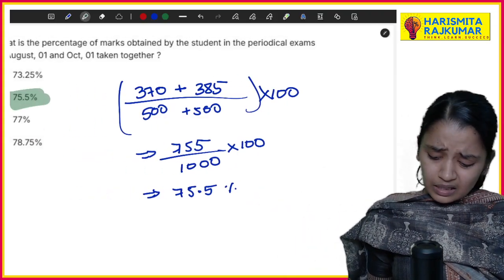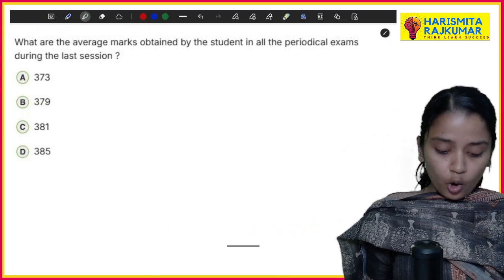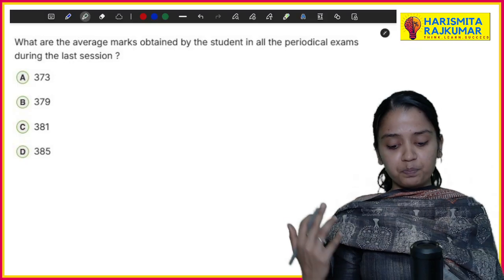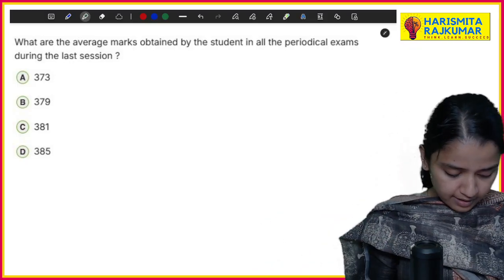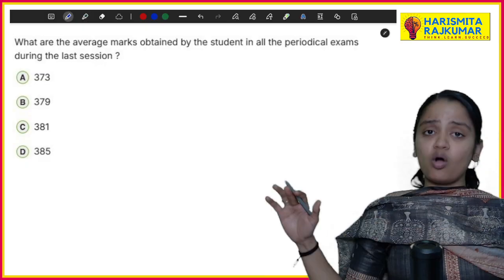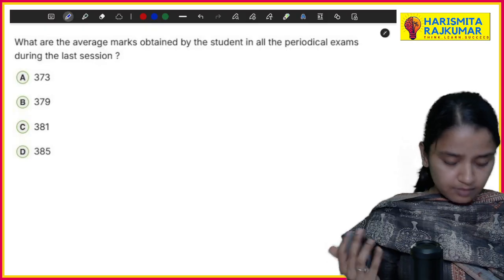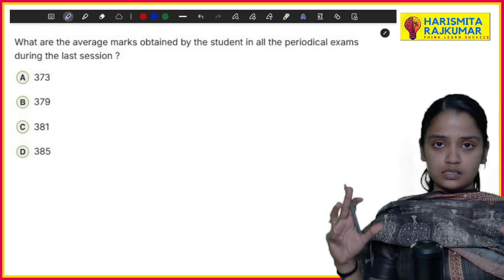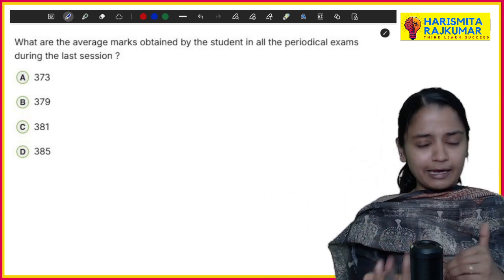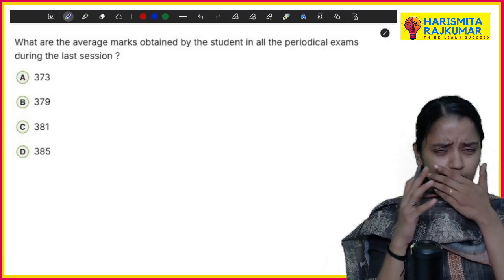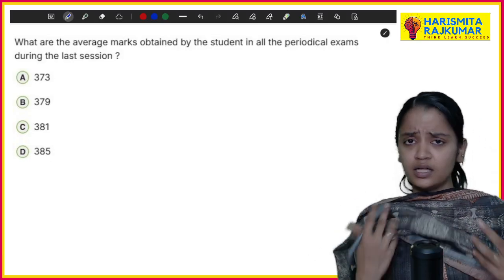Now let's go to the next question. What is the average marks obtained by the student in all periodical examinations during the last session? I have to add all the marks divided by 6 because you have 6 months, as given in the line graph. If your months are 5, divide by 5.